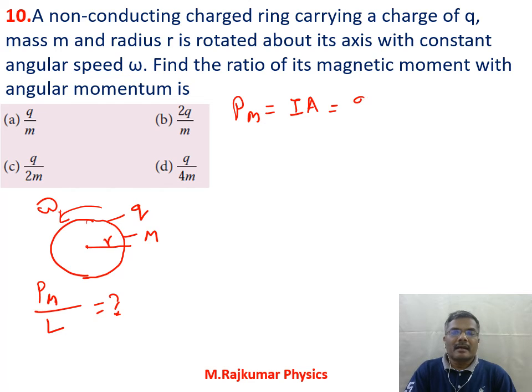Because the charge is there, I can write this as q by t into area. The radius of the ring is r, so the area will be pi r square. This is the Pm value.